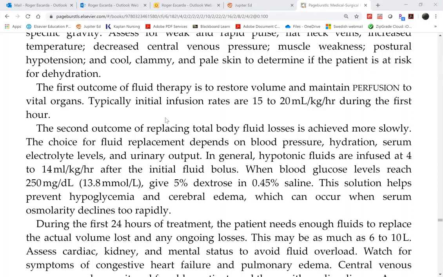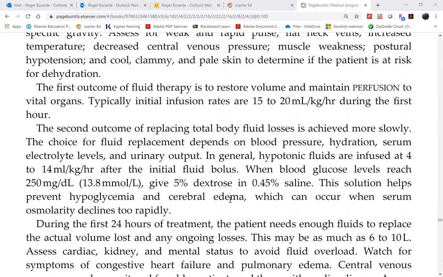In general, hypotonic fluids are infused at 4 to 14 milligrams per kg per hour after the initial fluid bolus. When blood glucose levels reach 250 mg per deciliter, give 5% dextrose in 0.45% saline. This solution helps prevent hypoglycemia and cerebral edema, which can occur when serum osmolarity declines too rapidly.